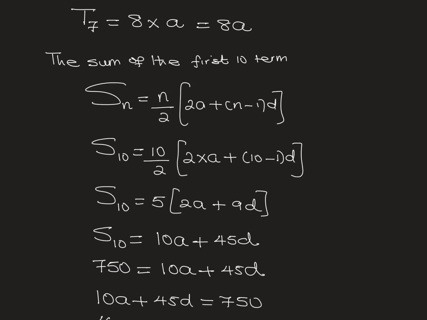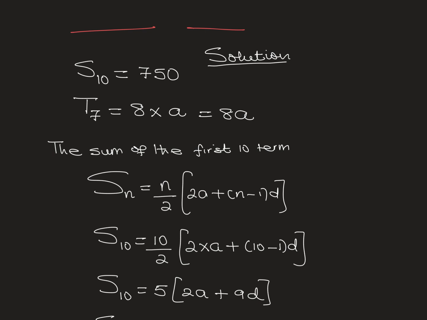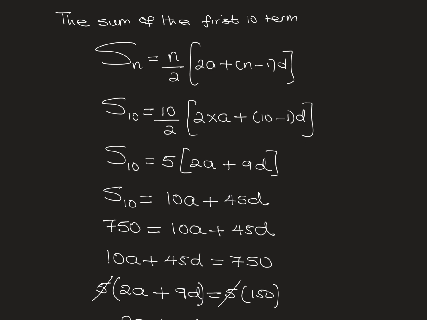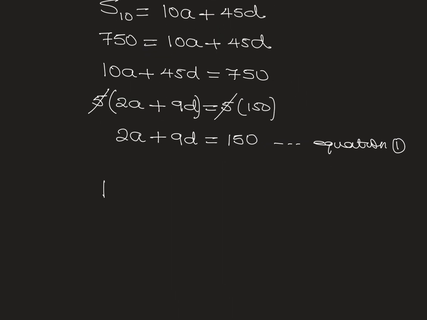Then we move on to the next information. It says the seventh term, T7, is 8 times the first term.